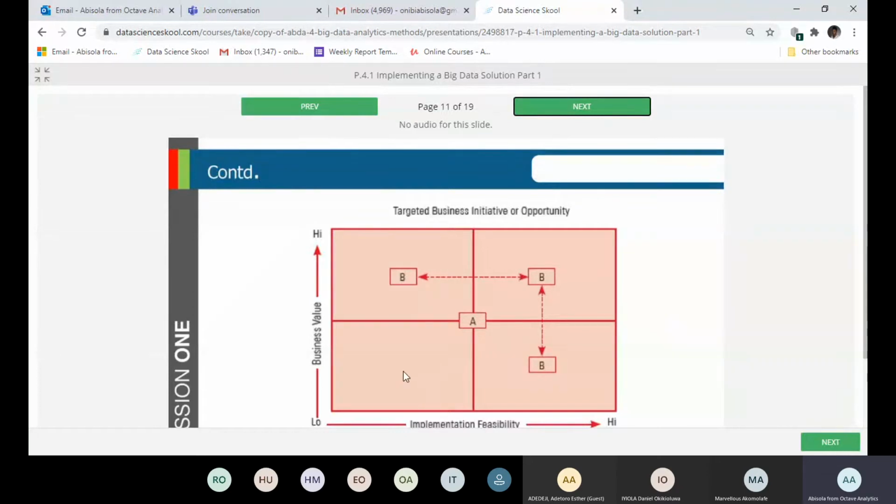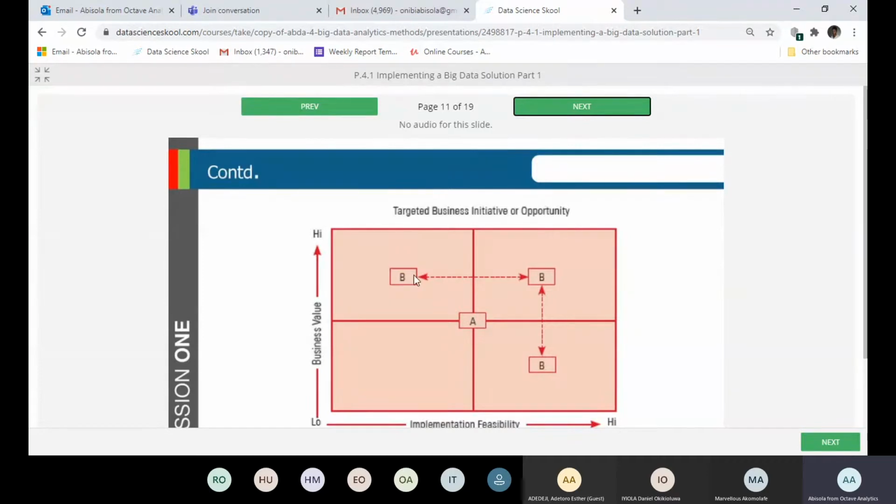So we have low business value, low implementation feasibility; low business value, high implementation feasibility; high business value, high implementation feasibility; and high business value, low implementation feasibility. So these are the 4 boxes that we have. This A is just in the middle, at the center, not high, not low.